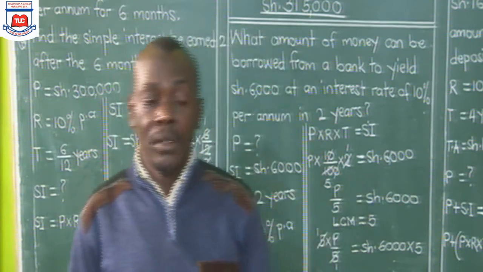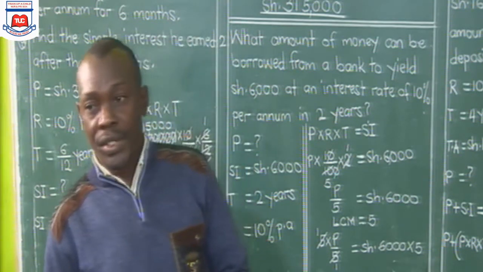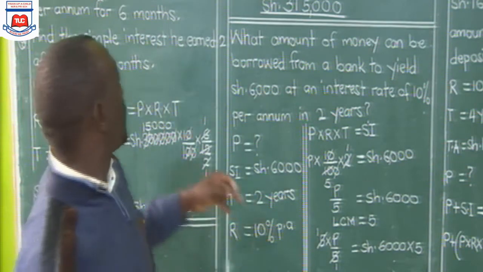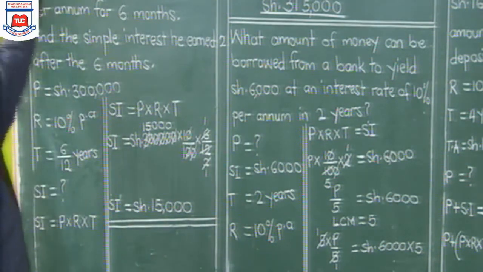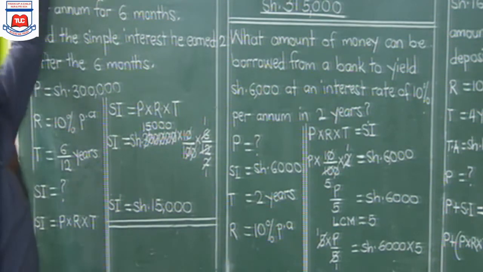Secondly, principal is the amount of money one borrows from the bank. Then we shall go to simple interest.